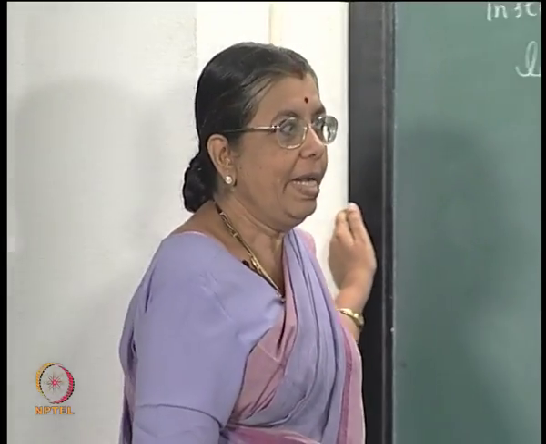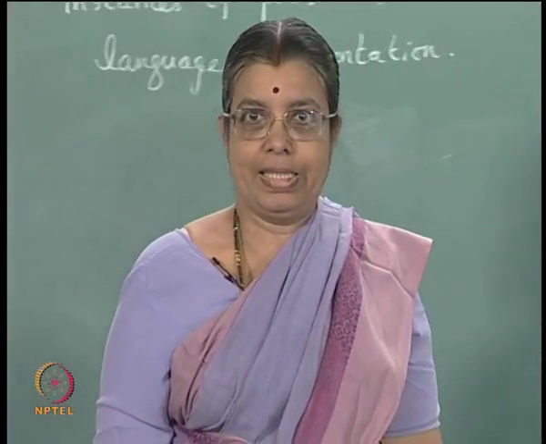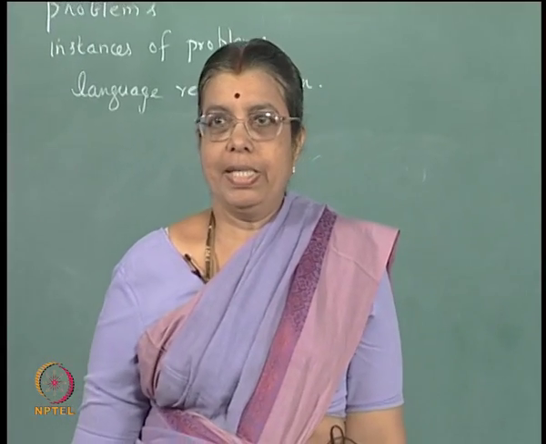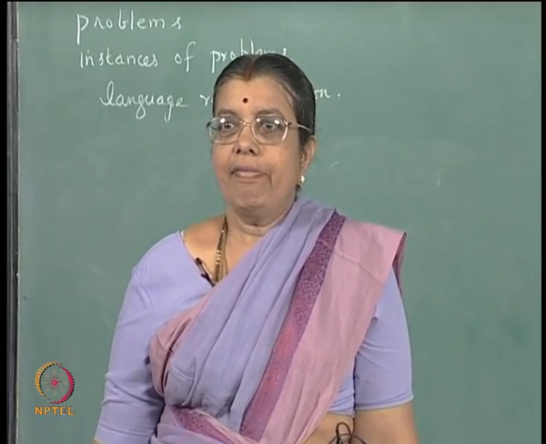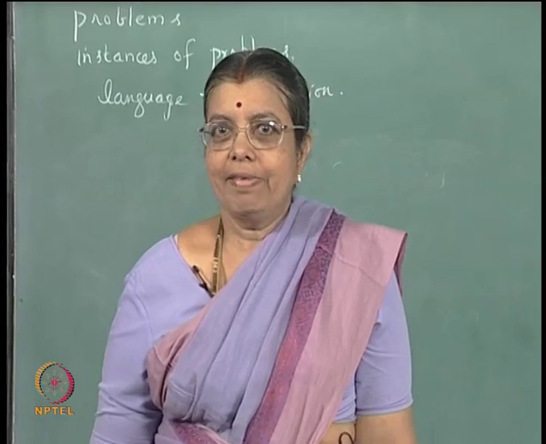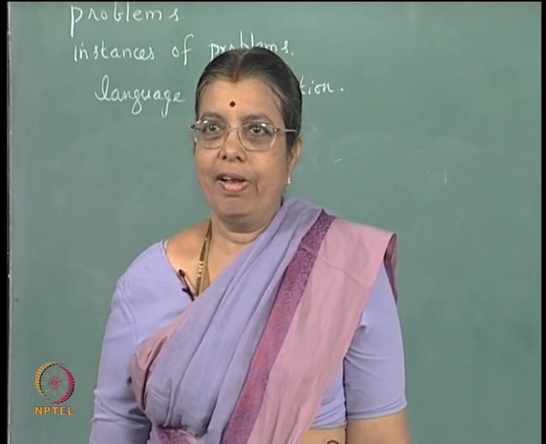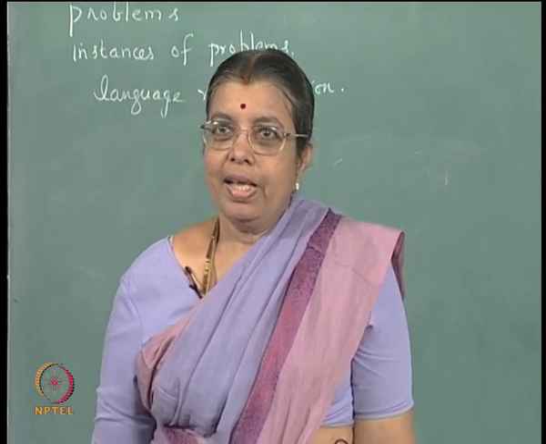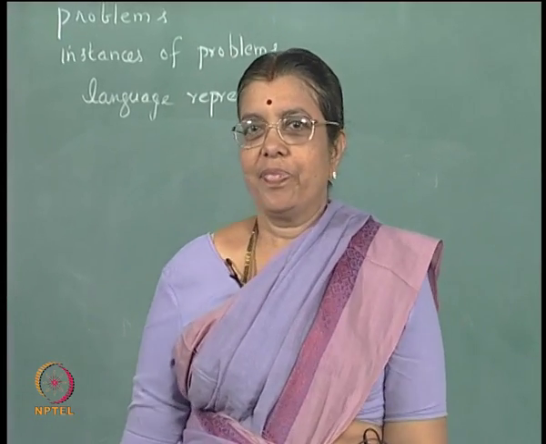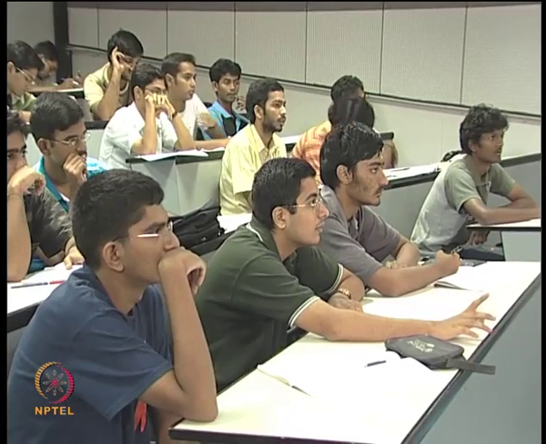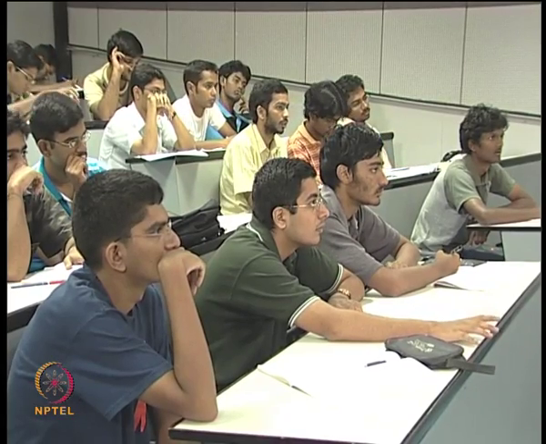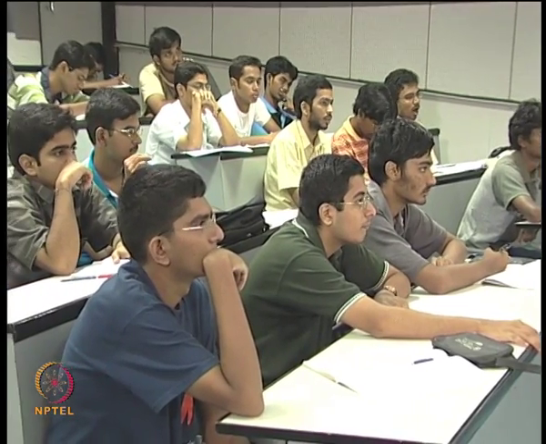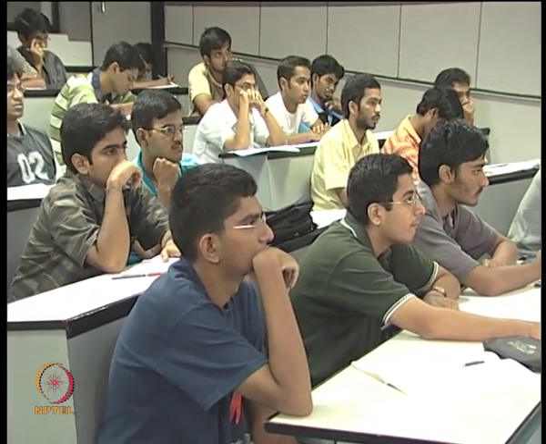What is the validity problem for first order logic? Given an expression, is it valid in first order logic or not? Like for all x, for all y, P of x y is equivalent to for all y, for all x, because if both are universal quantifiers, you can interchange them.